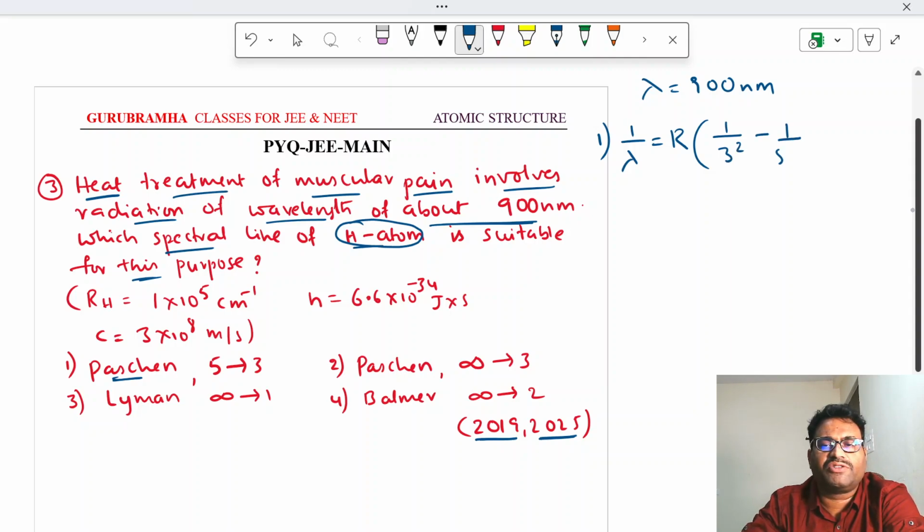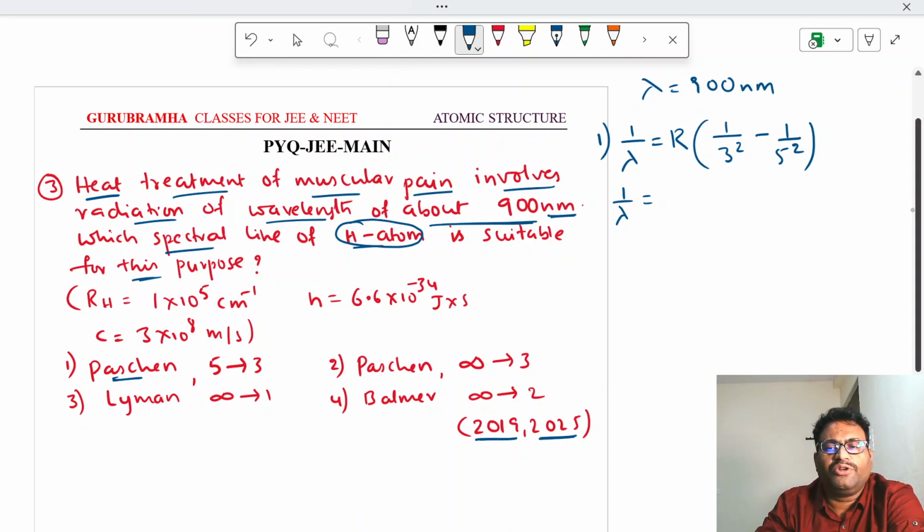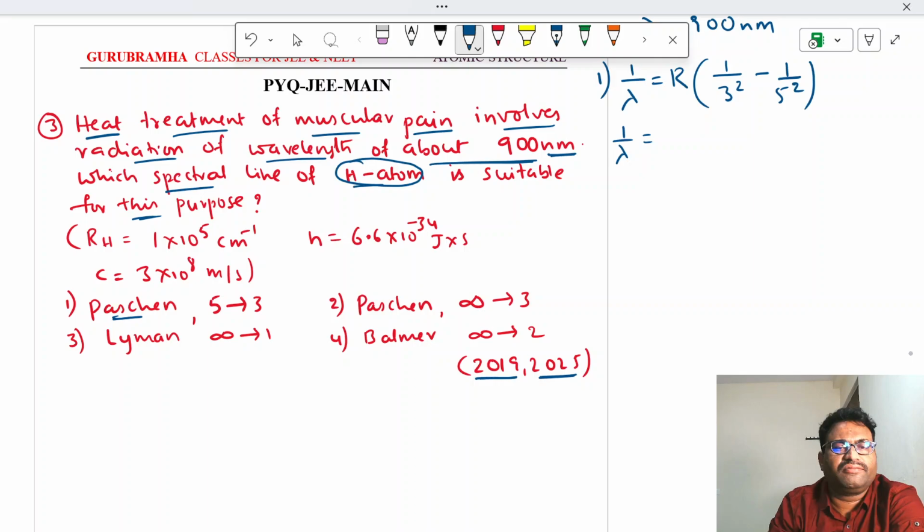So 1 by lambda is equal to, the R value is already given, 10 power 5 per centimeter, but here the wavelength is given in nanometers. Let us first convert it into meters.